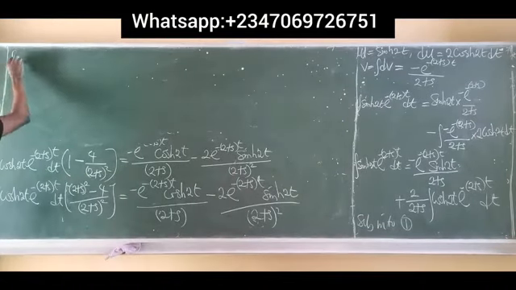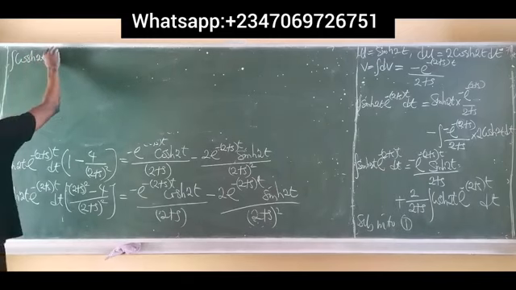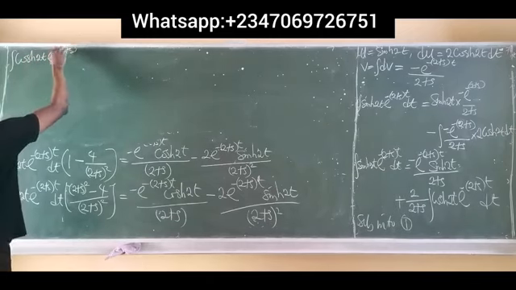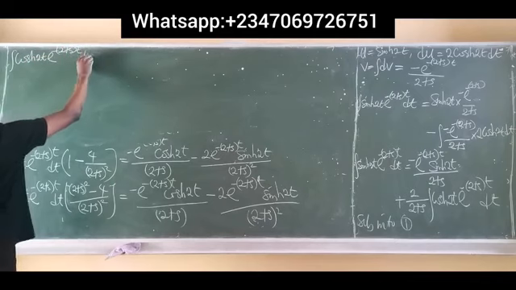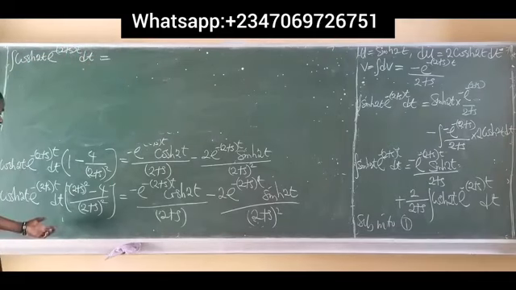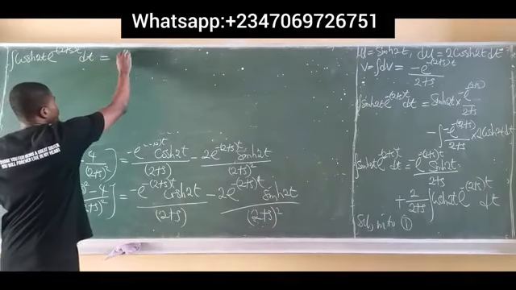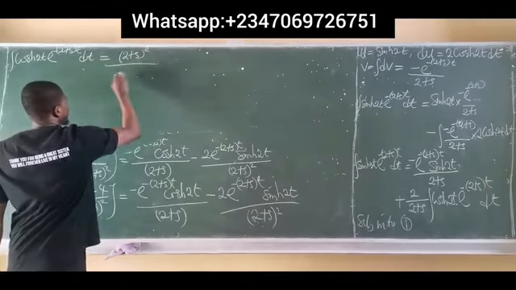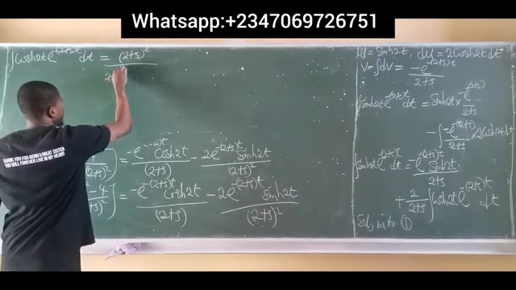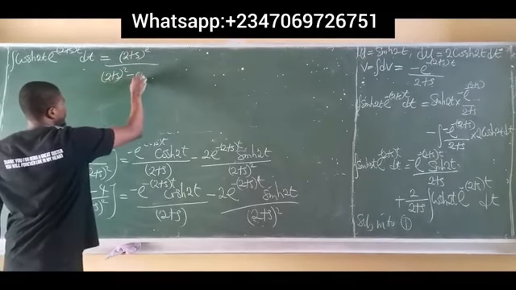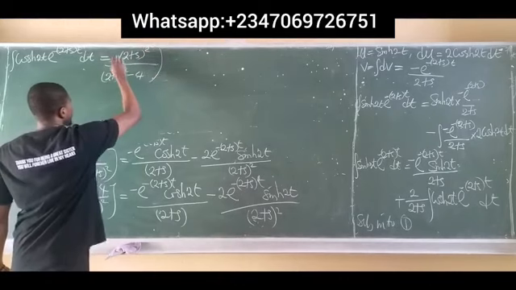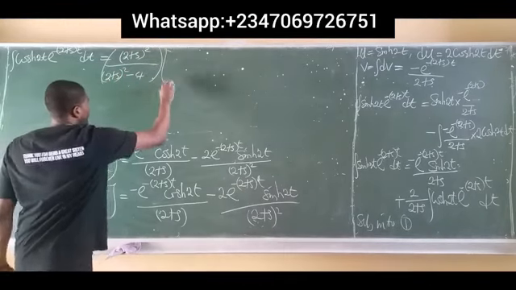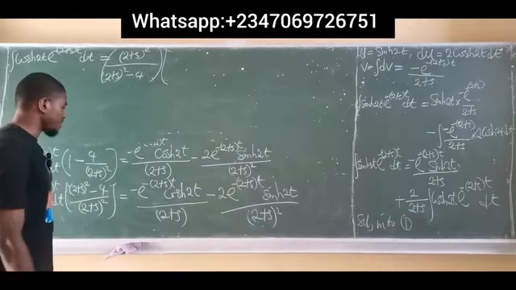All right, so the integral of cos 2t e^(-(2+s)t) dt. Now after division, like I said, (2+s) all squared comes up. I'm going to have (2+s) all squared all over (2+s) all squared minus 4. So this actually happens by multiplying by the whole of this after division.